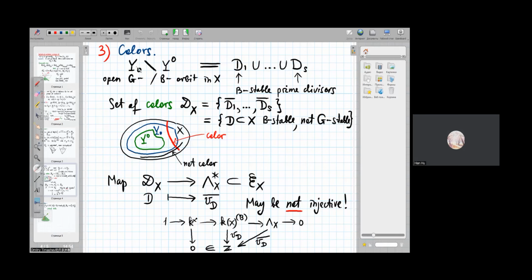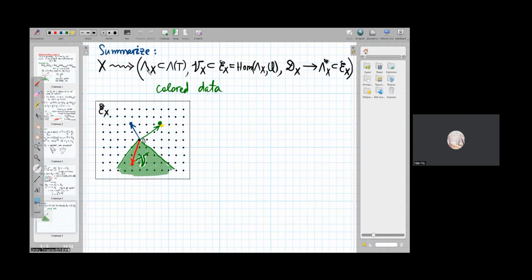So the homogeneous space Y naught is fixed. We do not compare it with other spherical homogeneous spaces. So we fix this combinatorial structure and do not compare it with other combinatorial structures of the same kind. But anyway, if you still have a question, just write me an email.